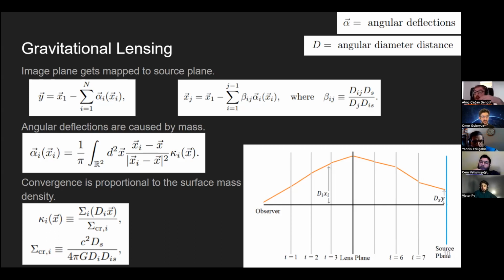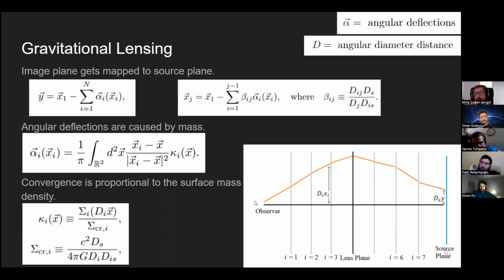So essentially, you have these multiple objects along the line of sight. You can have a main lens, which we show in dark black here, the vertical line. And all these line of sight objects slightly bend the light coming from the source plane, and eventually it reaches us. And you can write this geometrically. These are 2D coordinates.